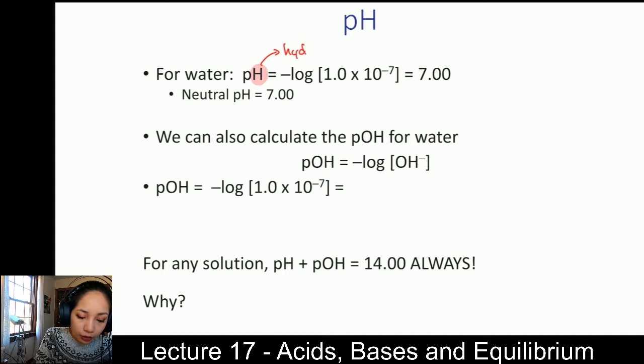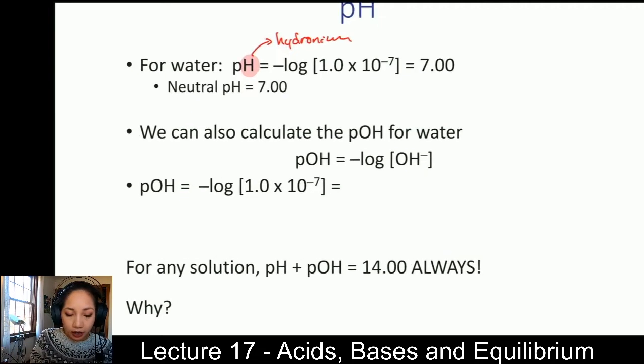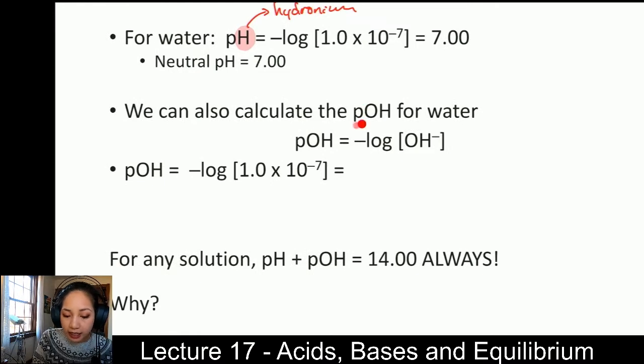But we know that in pure water we have hydronium cation and hydroxide anion, so we can calculate the pOH. This tells us the concentration of hydroxide in a solution. We take the P expression. P just means negative log of anything, so pOH means negative log of hydroxide concentration.